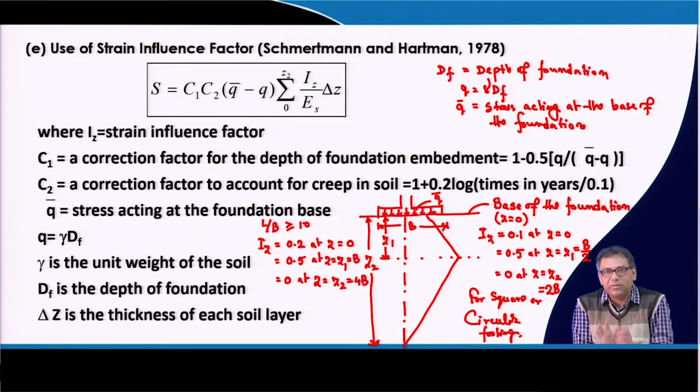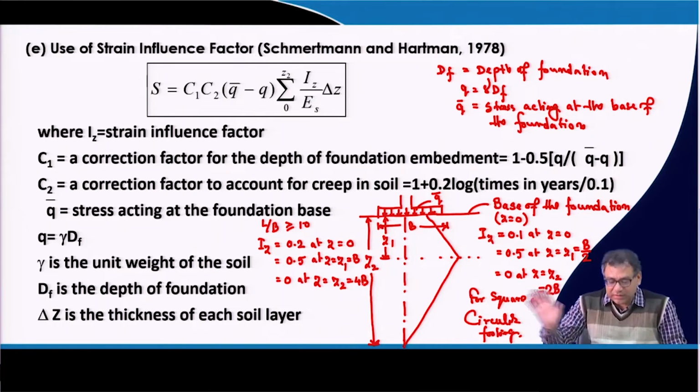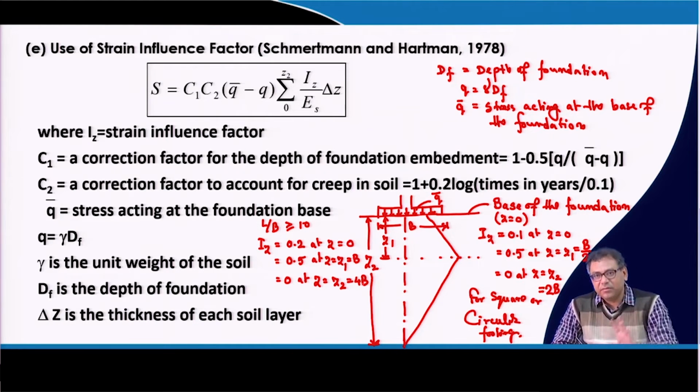So, this is the general rule that we will follow, but remember that for the strip footing your influence zone is more compared to the square footing. If your L by B increases from 1, that means for 1 it is twice b, and as it increases from 1 to 10, at 10 it is considered as 4 times b.